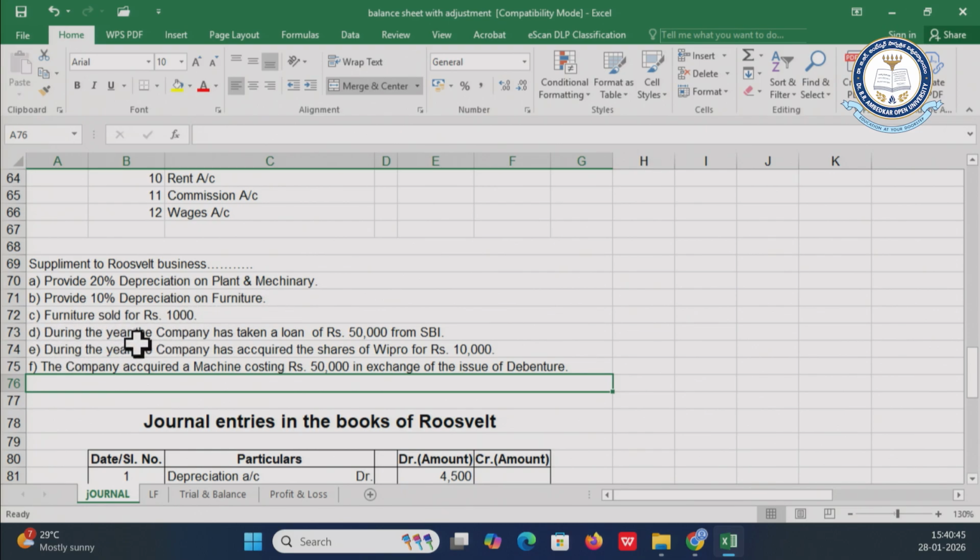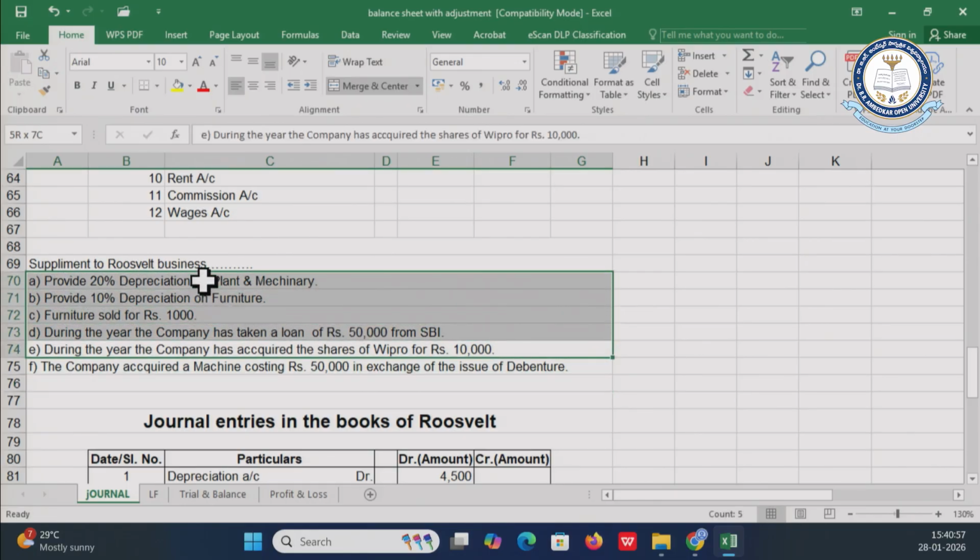During the year, the company has taken a loan of 50,000 from State Bank of India. During the year, the company has acquired shares of Wipro for rupees 10,000. So these are the additional information items, and this additional information has to be incorporated.